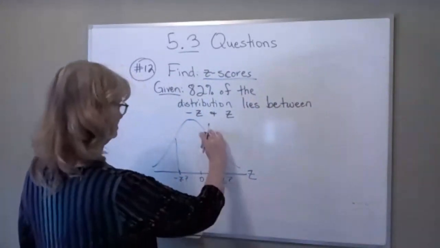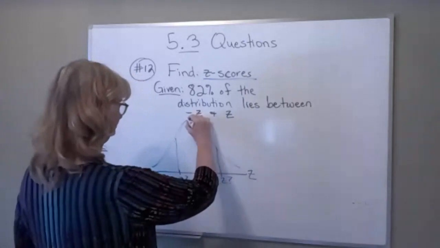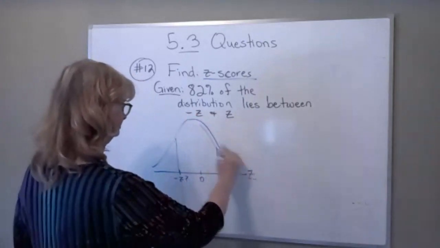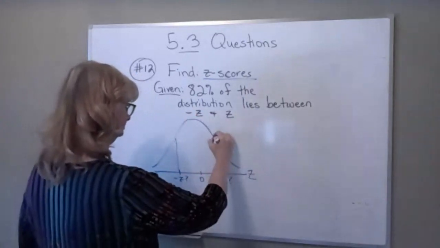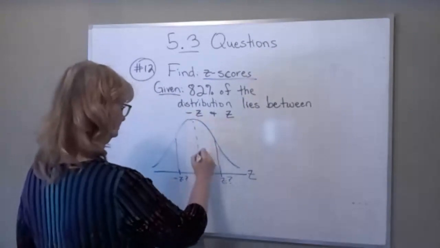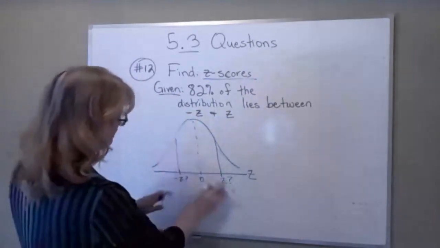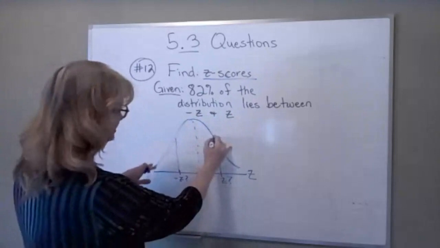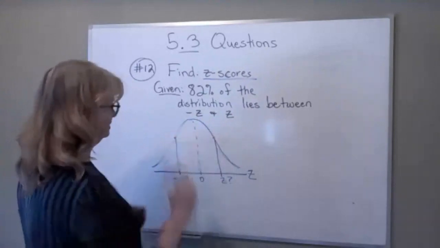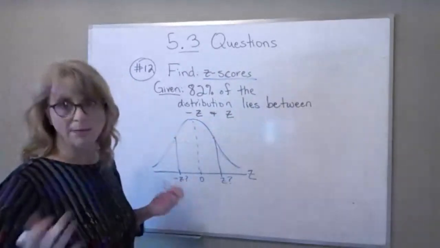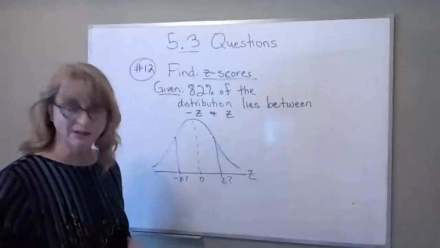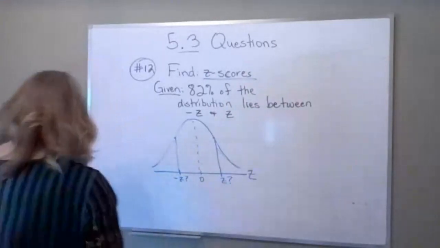Those should look the same, guys. I didn't draw this very well. Since they're the same, they should be hitting at the same point right there, since they're opposites, because everything's symmetric on a normal distribution.